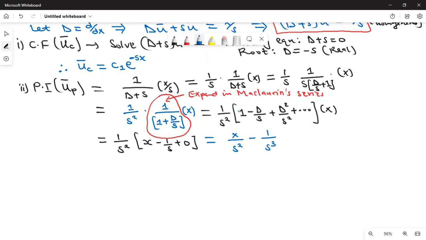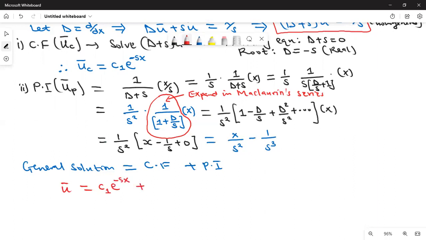And so therefore our general solution is always equal to the sum of the complementary function and the particular integral. So u bar, complementary, we got c1 exponential negative s x.